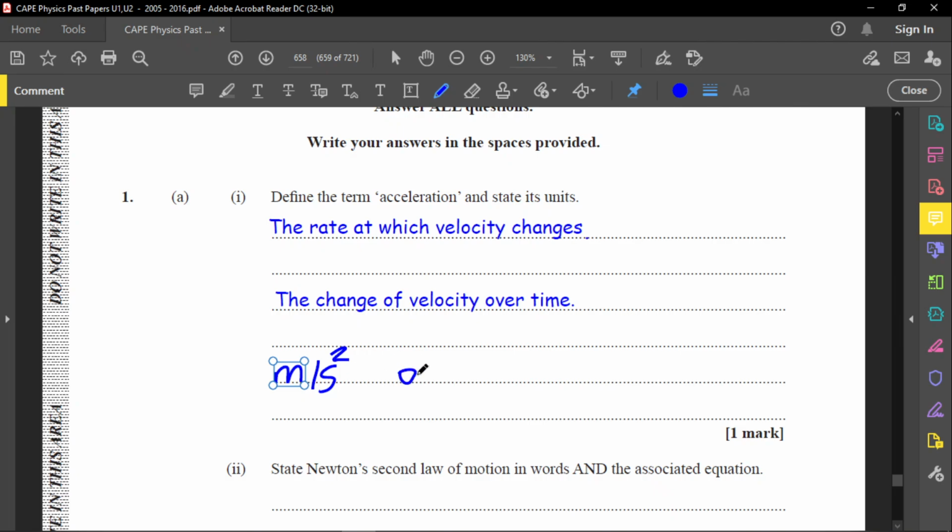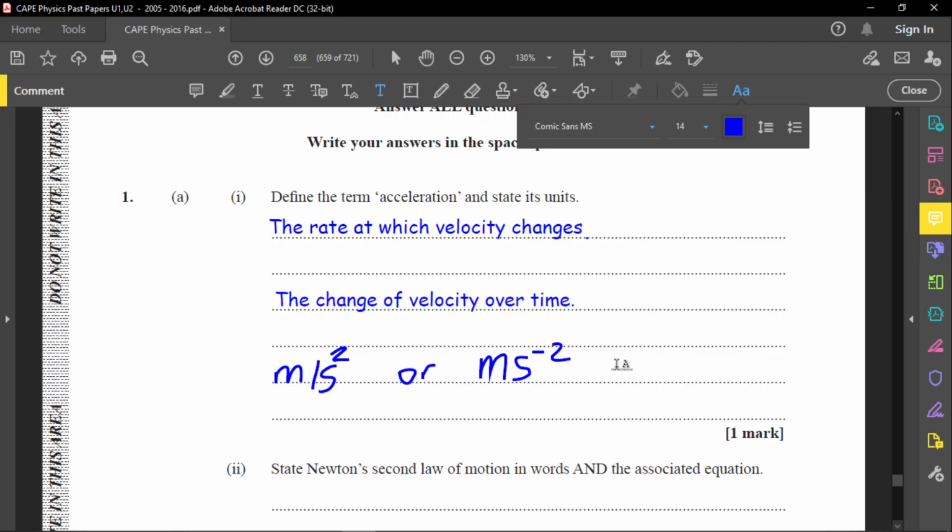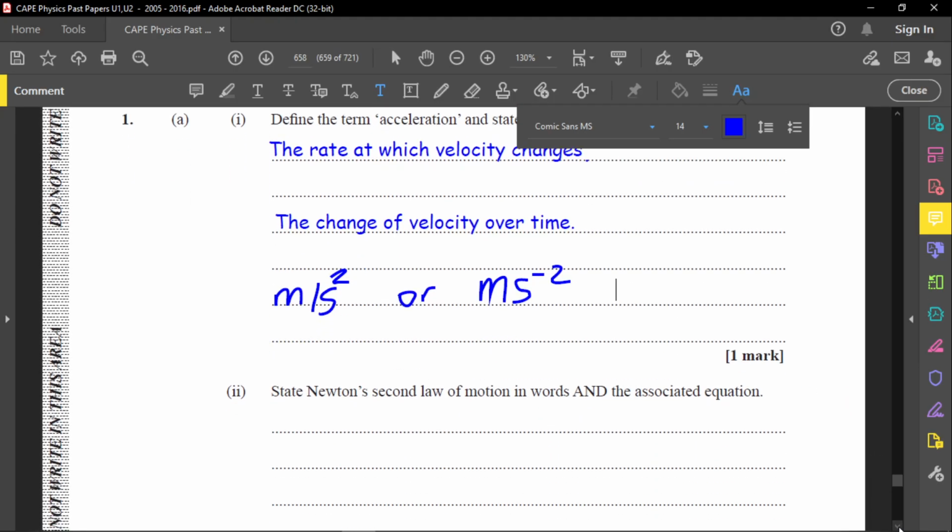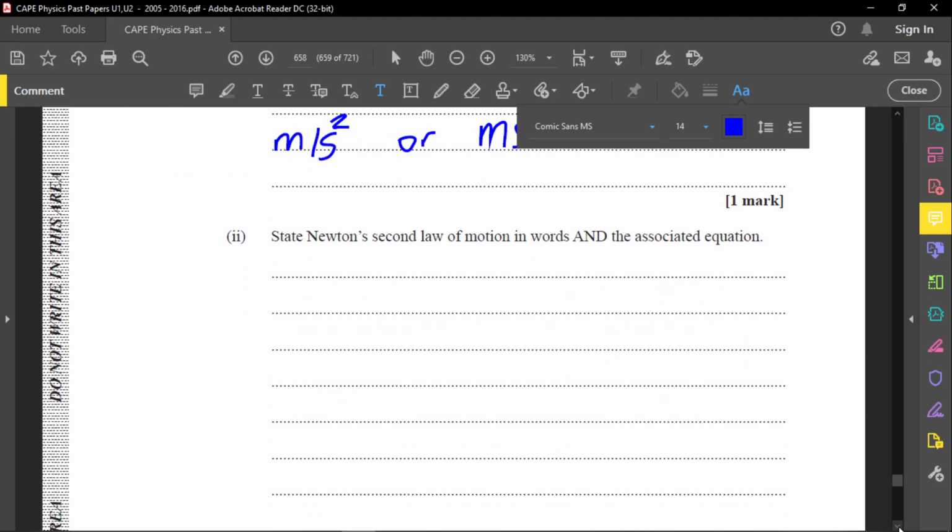Or you could write it as this, which is the same thing. All right, so those are the units. You can write either one of them. All right, so let's go to part 2.